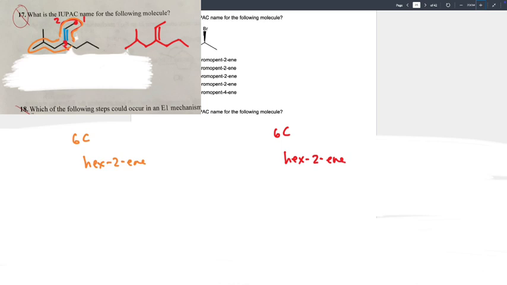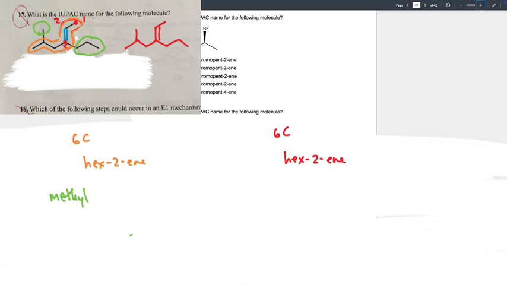If we then move on to identifying our substituents, in the orange one we've got 2 substituents. What are the 2 substituents we've got? Well, I circled a 1 carbon, which means I have a methyl.